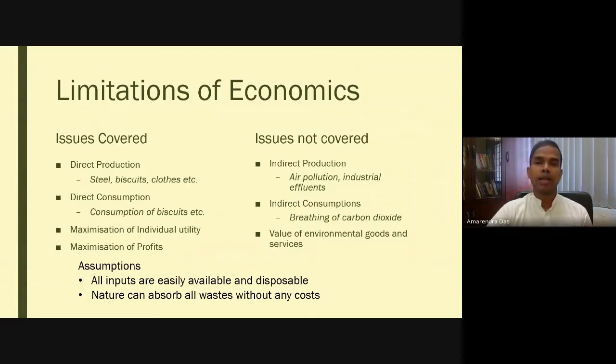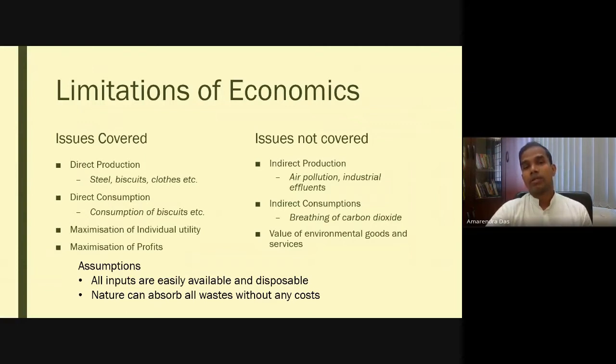For example, when you analyze the producer's behavior, producers analyze only the direct production. Producers try to maximize the production, or maximize the revenue, maximize the profit given the constraint, but they only deal with the direct production of, say, steel, biscuits, or clothes.